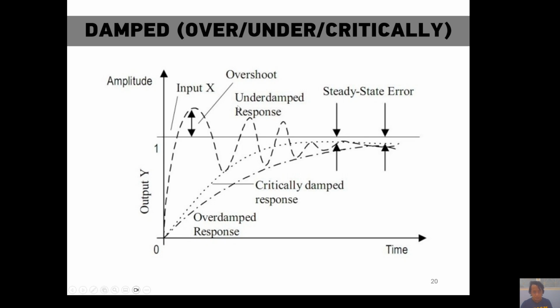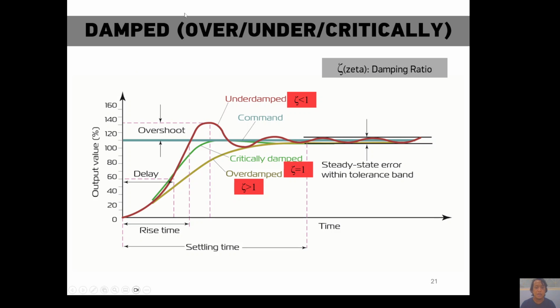There is also terminology about damping, which is overdamped, underdamped, or critically damped. Damping is mentioned because of the damping ratio, or zeta, the small Greek letter. We get an underdamped response like this one when zeta is less than 1.